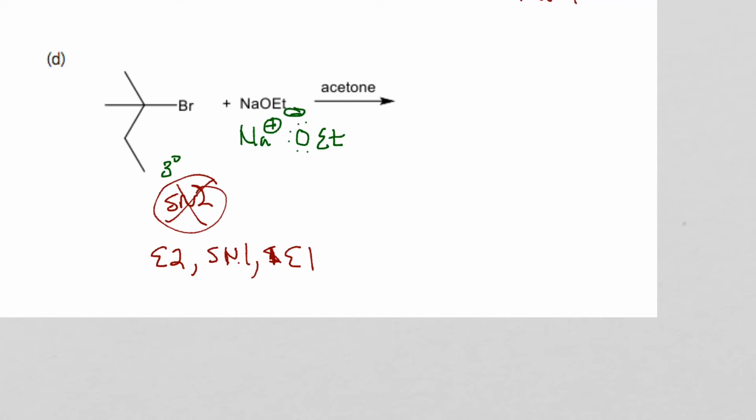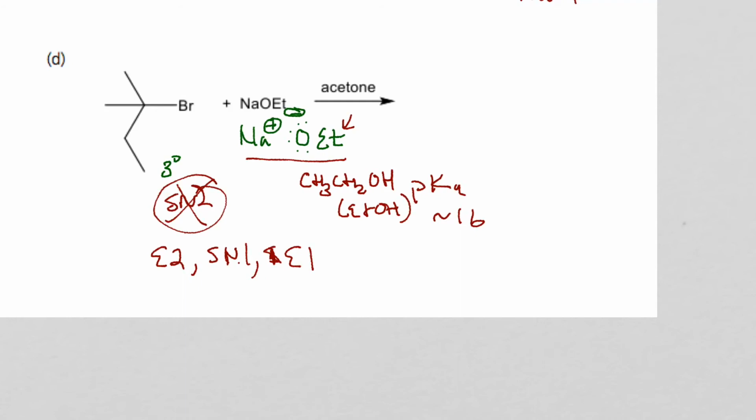Okay, so as our nucleophile, we have sodium ethoxide, because we've got an ethyl group here. And so this is the conjugate base of ethanol, which is a weak acid with a pKa of approximately 16, so we know this is a very strong base. And if we have a strong base, that makes it very difficult to form a carbocation.